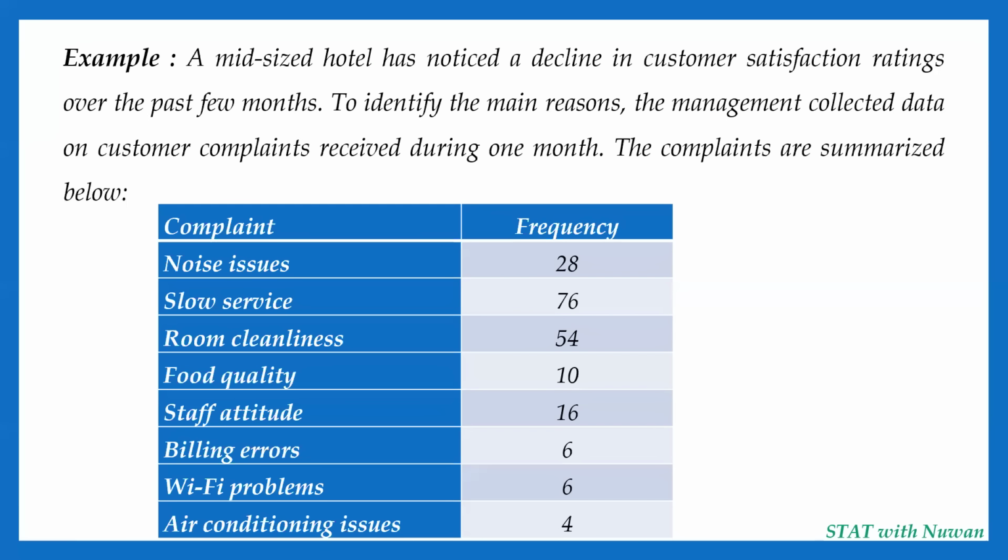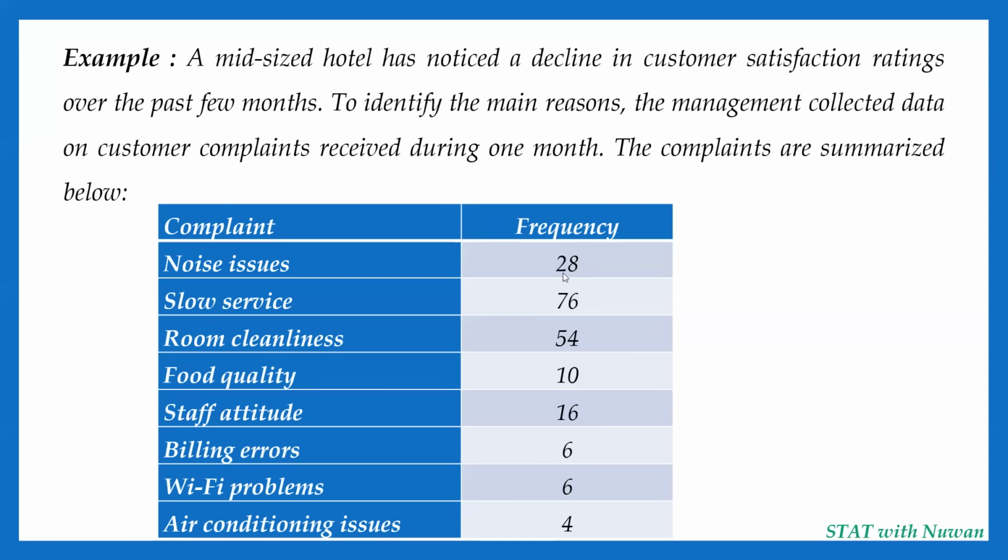The complaints are summarized below. The complaints are: noise issues, slow service, room cleanliness, food quality, staff attitude, billing errors, Wi-Fi problems, and air conditioning issues. They mention the frequencies.